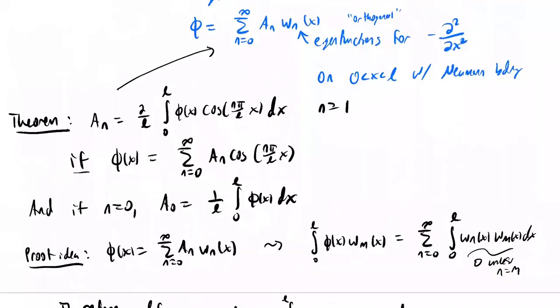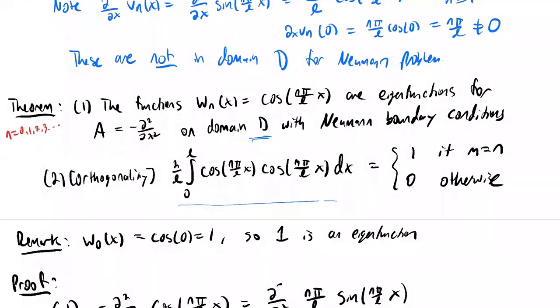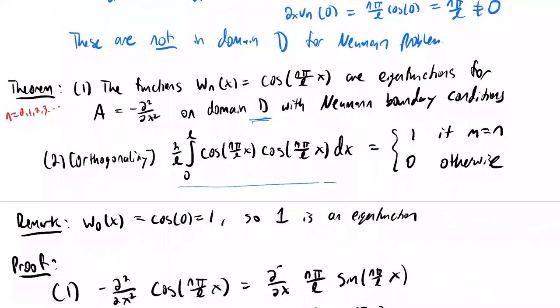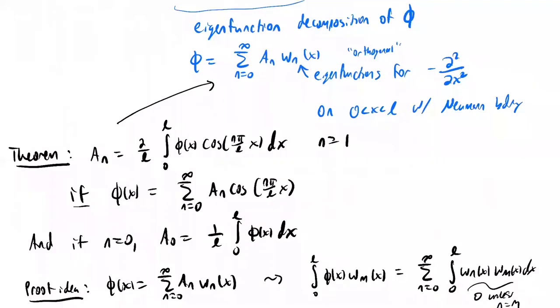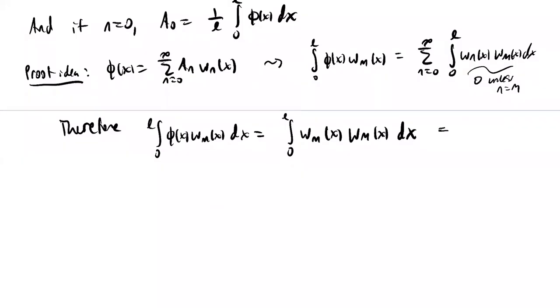Well, then we saw previously, we know what this is equal to, so this is equal to L over 2. This is just a trig calculation, which you have to do, or if you integrate, so this is like cosine of m pi over L x squared. And so you have to use some trig identity. You can evaluate this.